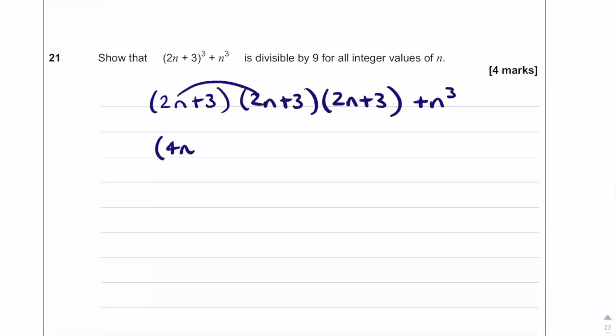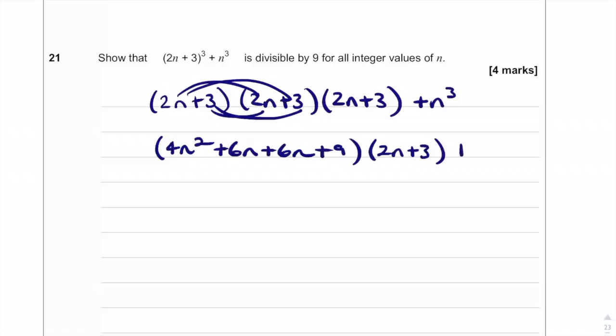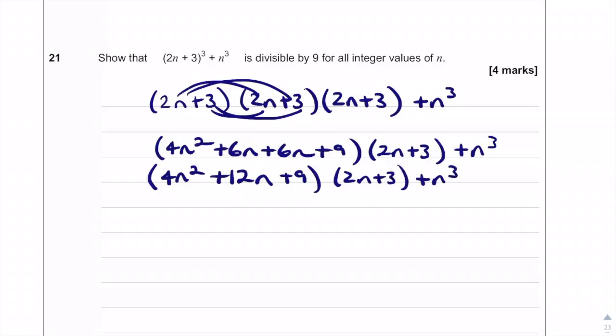We get 4n squared plus 6n plus 6n plus 9 multiplied by 2n plus 3 plus the n cubed. Simplify that first bracket, we get 4n squared plus 12n plus 9 multiplied by 2n plus 3 plus n cubed.